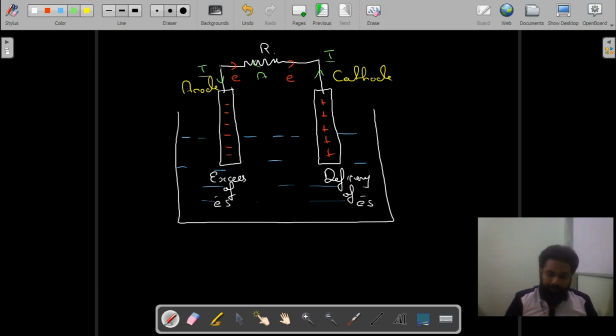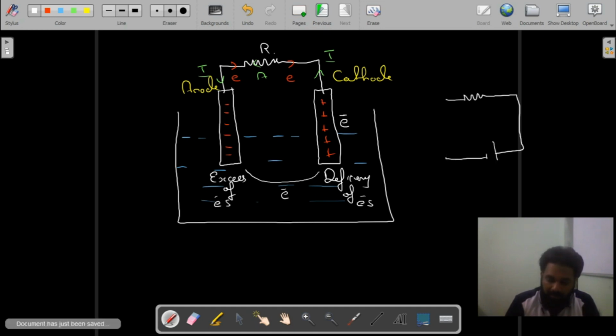Okay, now when an electron reaches the cathode, now from cathode to anode, how will electrons flow? Electrons must go, then only there will be a closed circuit. Current will form only in a closed circuit.